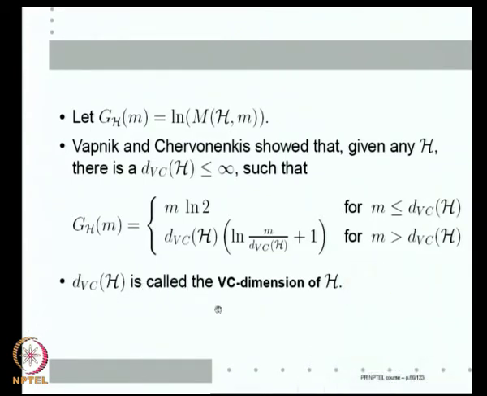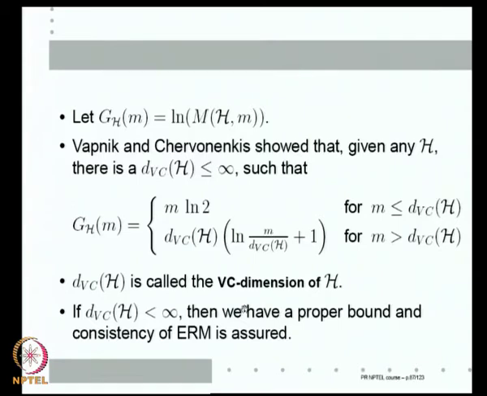This d VC of h is called the VC dimension of h, because it is a number that we associate with h. So, what this says is that if the VC dimension is less than infinity, then we have a proper bound, because there is some number which we call d VC of h.